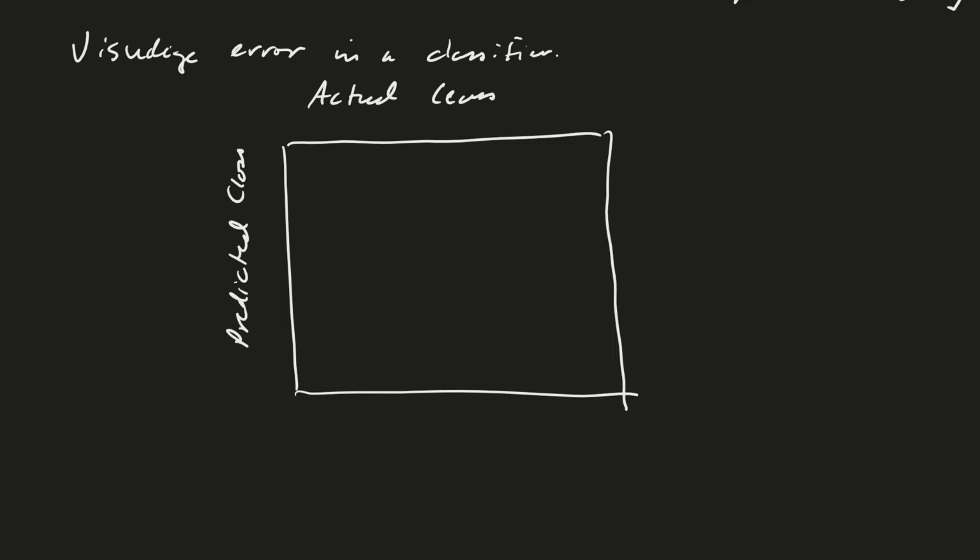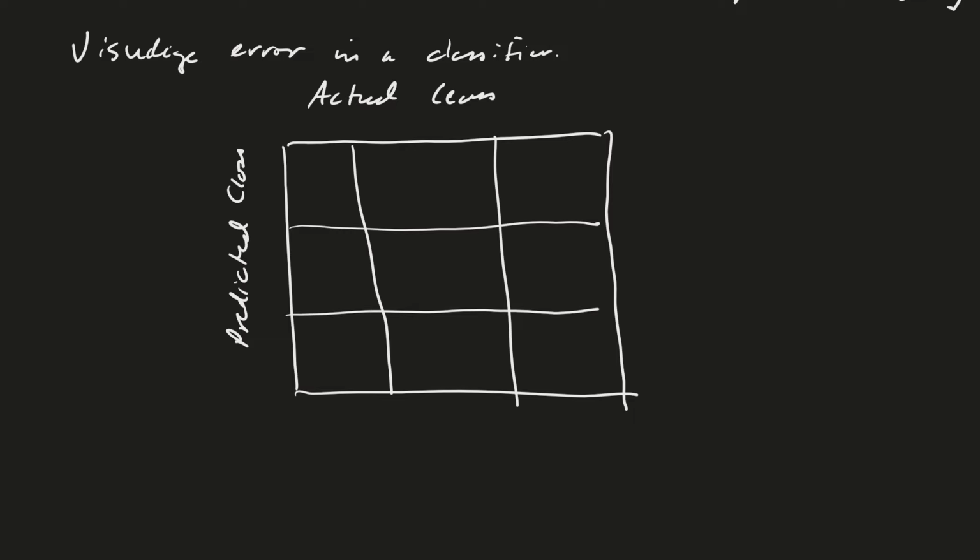And so suppose that we have, I think in the example in your notes we have three classes. I'll just call it 1, 2, and 3, although it's cats, dogs, and rabbits. And then over here we have class 1, class 2, class 3.